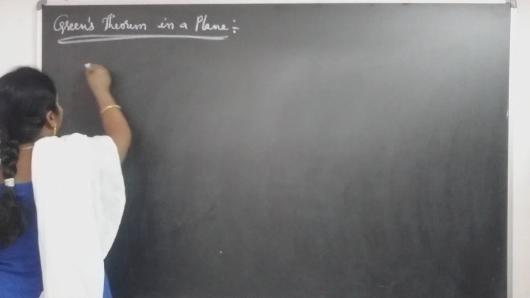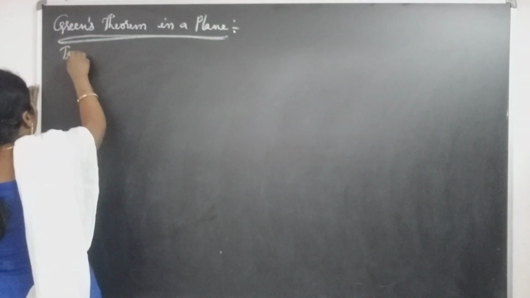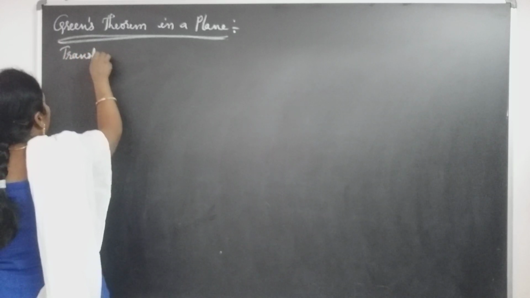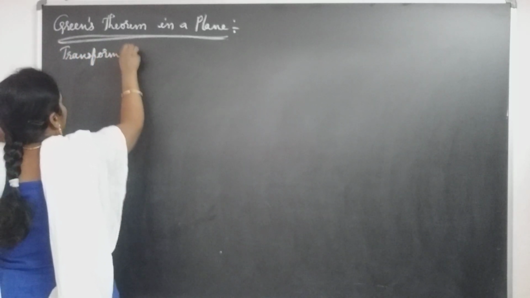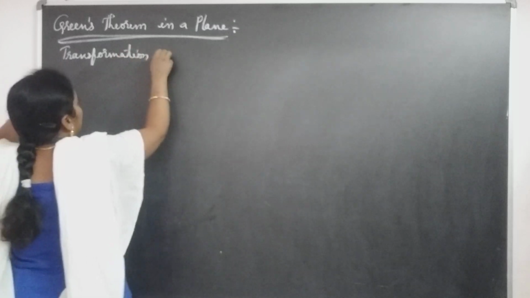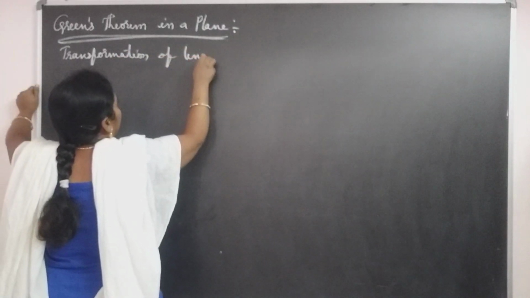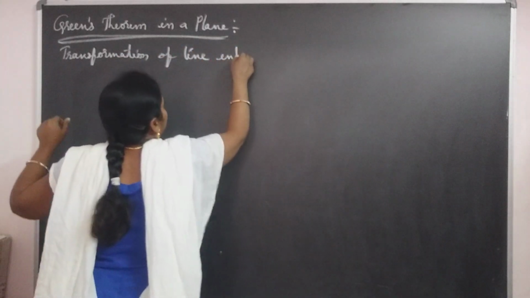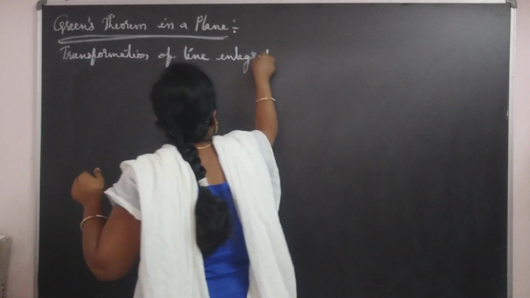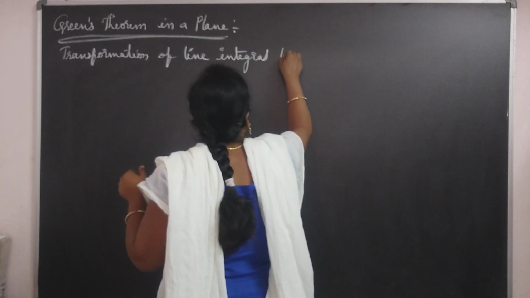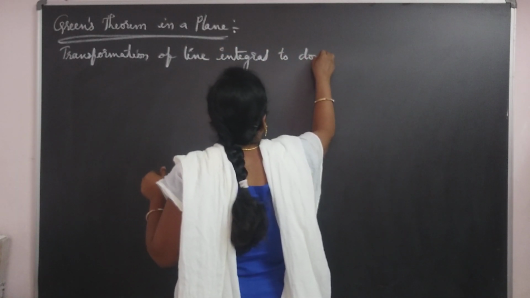In Green's theorem, the relation is the transformation of a line integral to a double integral.